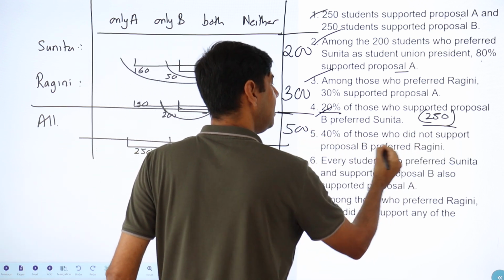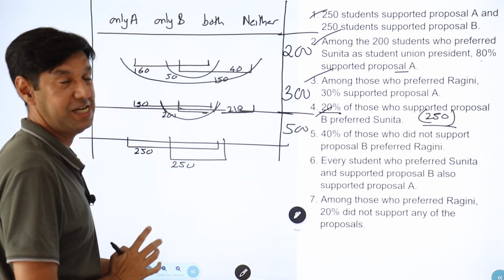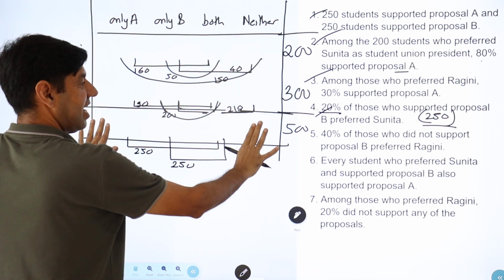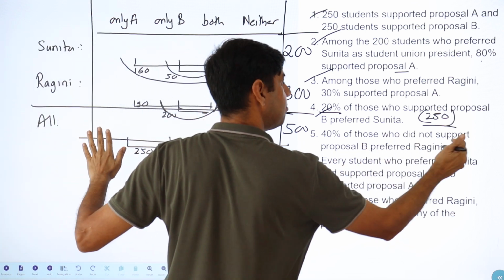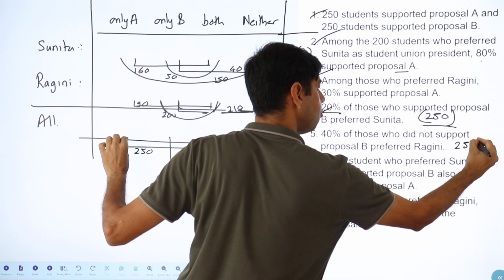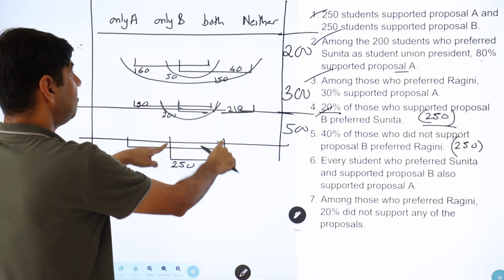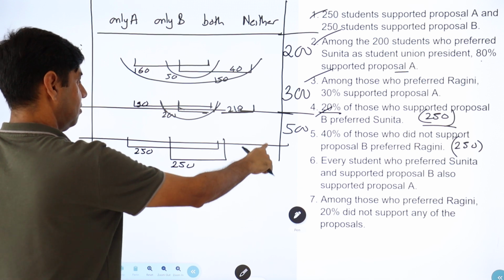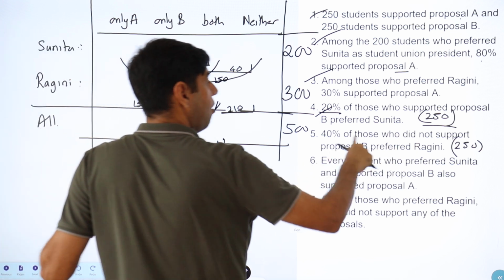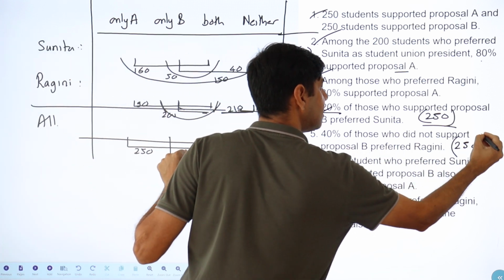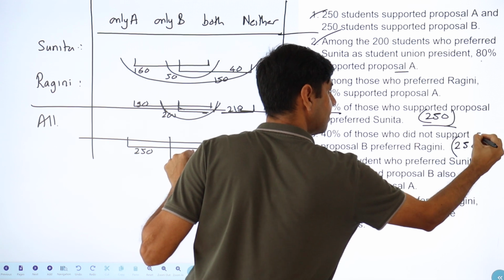40% of those who did not support proposal B, that is the first and the last, that total is again 250, mind you. Because if these two are 250, these two are also 250. 40% of those is going to be 100.